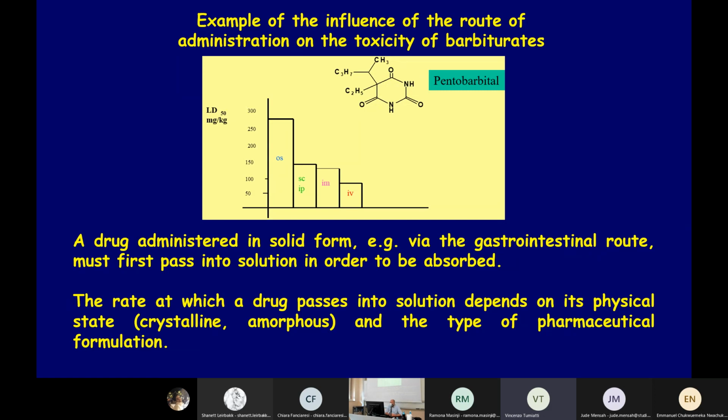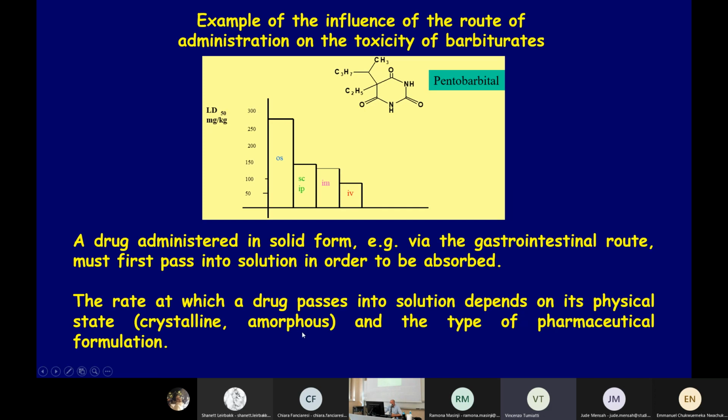And the water solubility depends on the crystal forms of the drug, because the active ingredient, the drug, can be present in different crystalline forms.